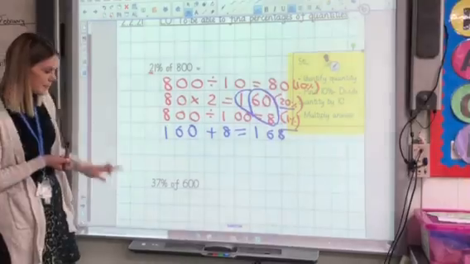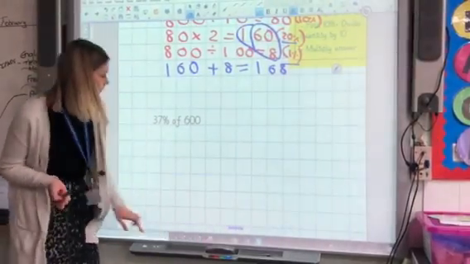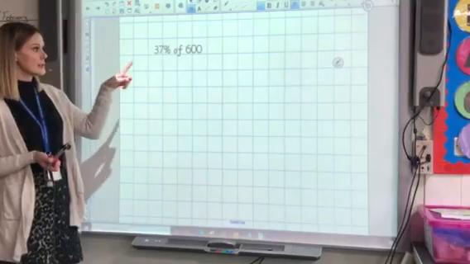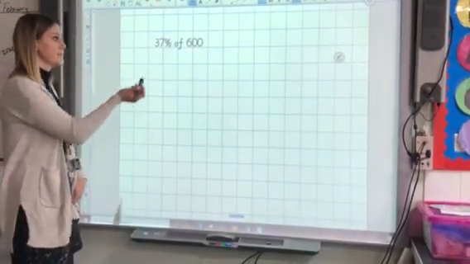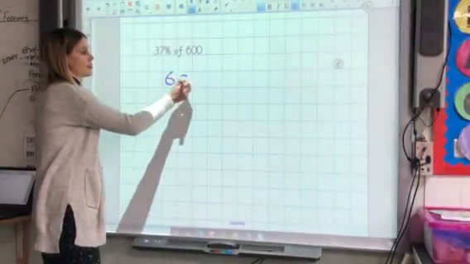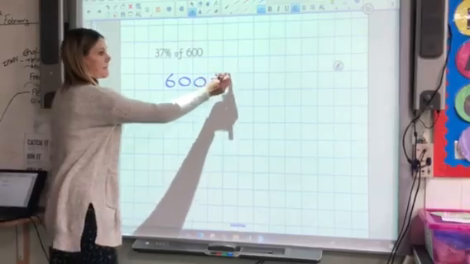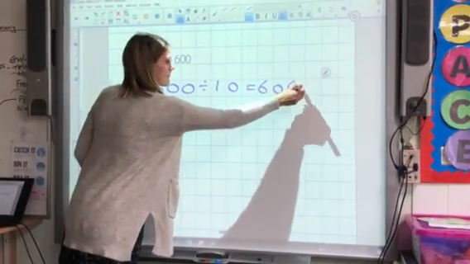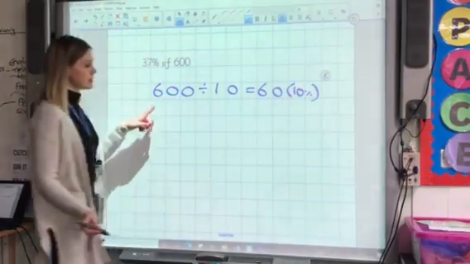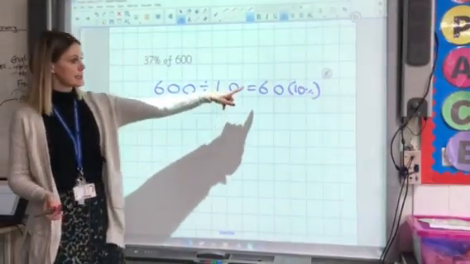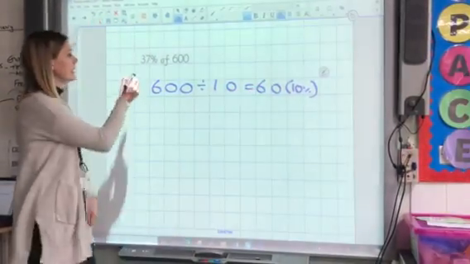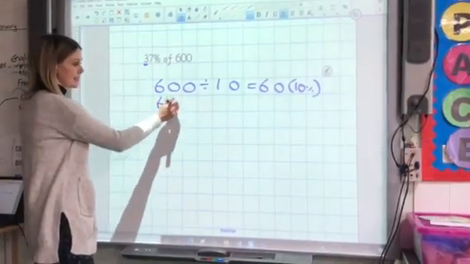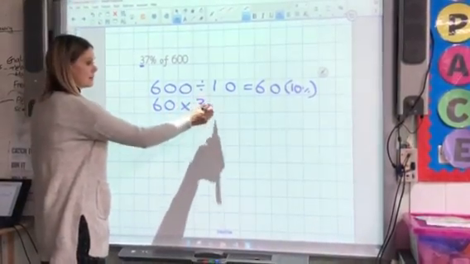It gets a little bit more tricky if you're finding some bigger numbers such as 37%, because there's lots of different steps here. So, first of all, find your 10%. So 600 divided by 10 equals 60, that's my 10%. I need to know what 30% is, so I take my answer of 60 and I times it by 3.